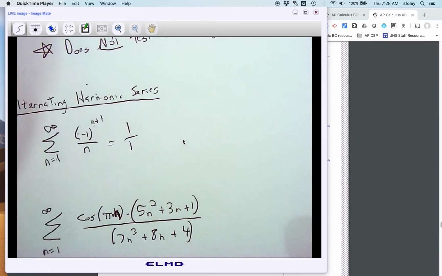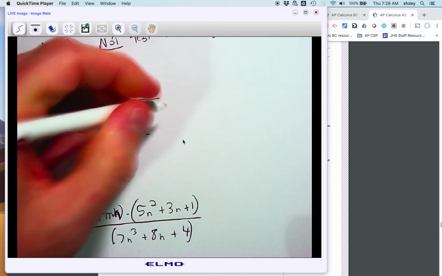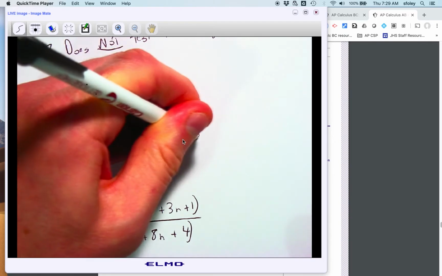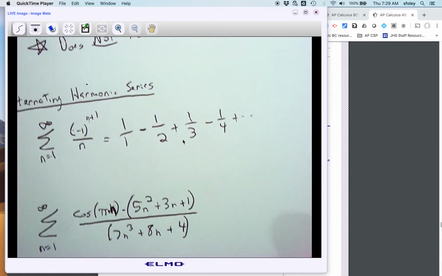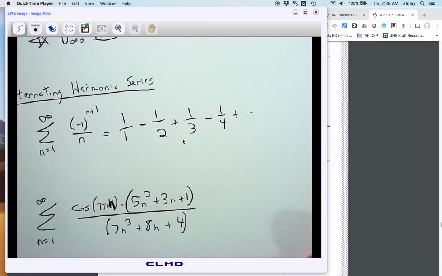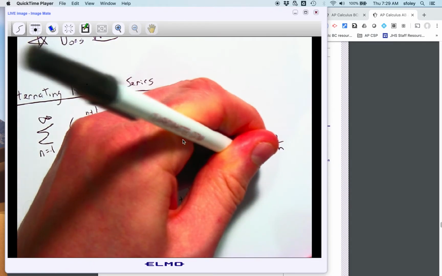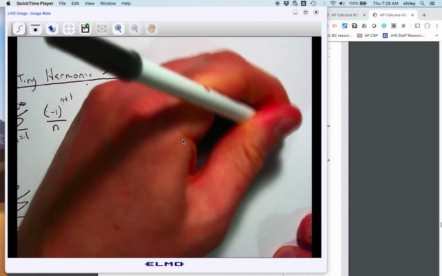So I get 1 over 1, and then -1 to the third will be negative, so -1/2 plus 1/3, -1/4, and so forth. So clearly alternating. And when I factor out the negative, I'm just left with 1 over n. And of course, 1 over n, as n gets big, is approaching 0.